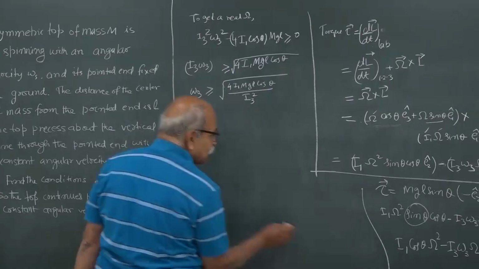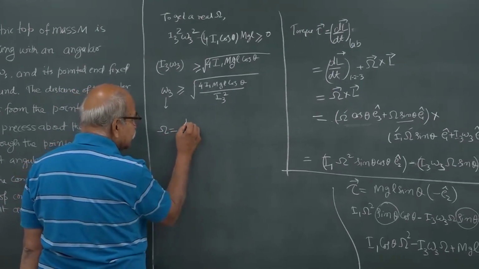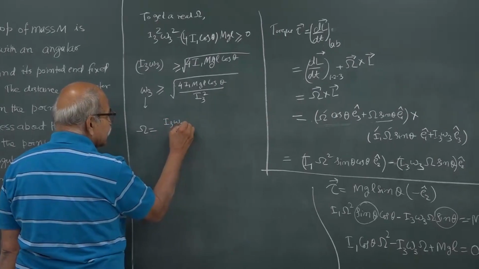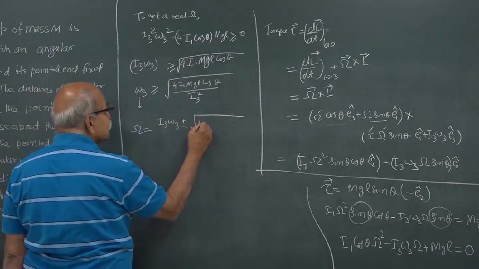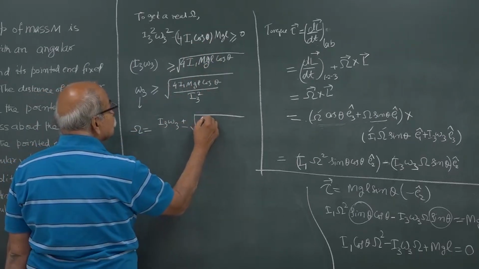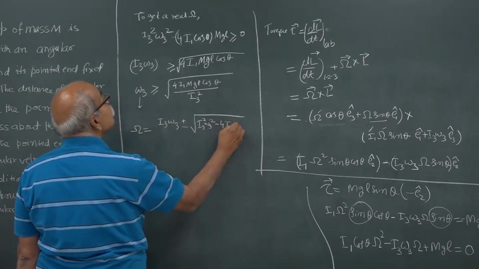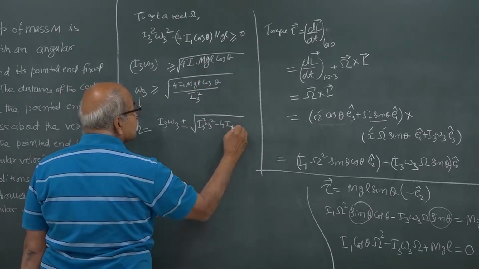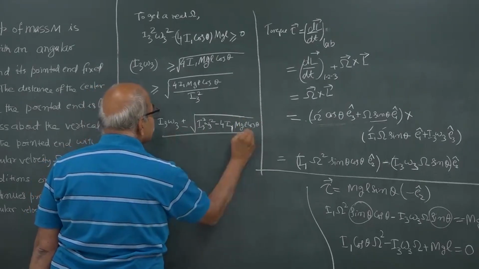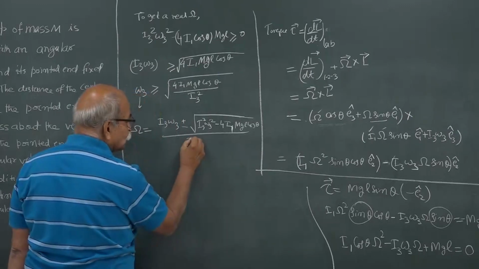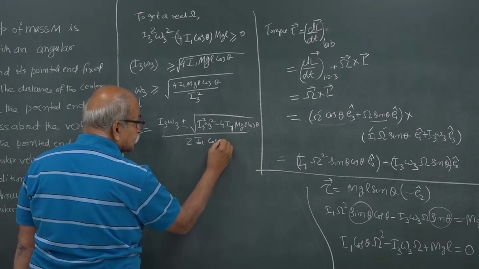And if the steady precession is there, we can find the value of this capital Omega from this quadratic equation. So, Omega will be equal to minus b, which is I3 omega 3, plus minus the square root of b square minus 4AC, that is I3 square omega 3 square minus 4 I1 mgL cos theta, divided by 2a, that is 2 I1 cos theta.